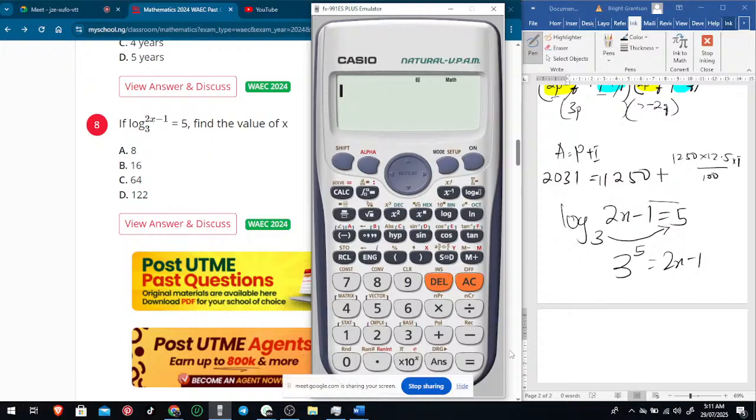I was typing on the calculator, so you didn't see what I wrote. You can watch the YouTube link. Log of 2x minus 1 equals 5. In a math exam, if you have a calculator, press shift solve equal to, and the calculator will solve it for you.